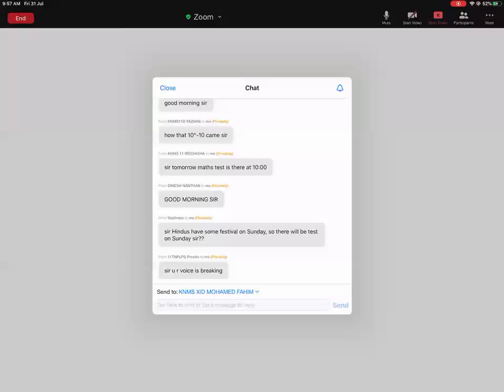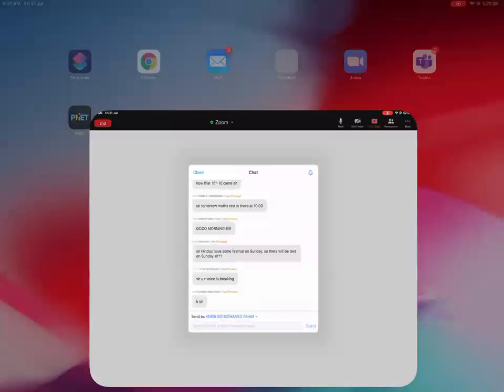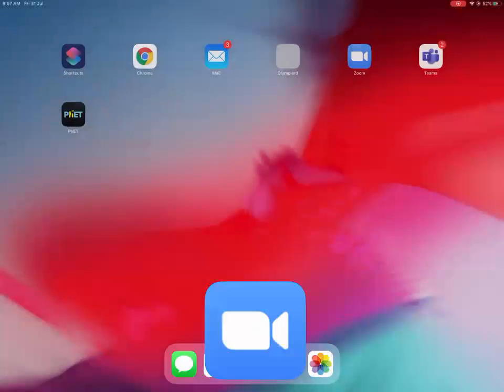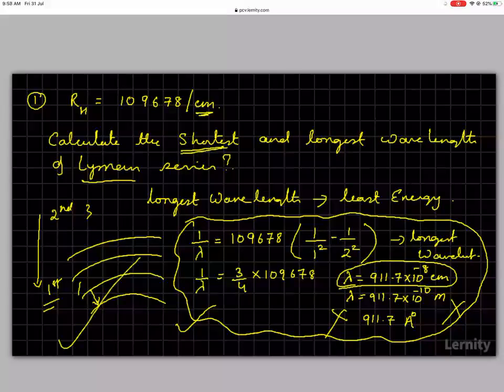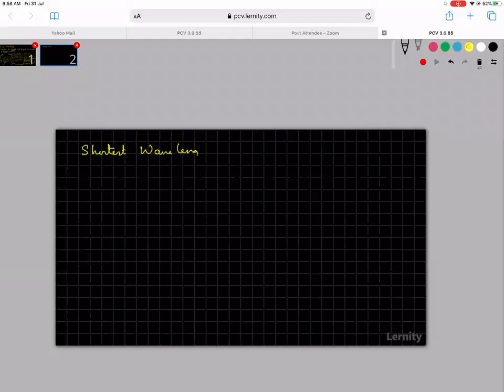Can you please work and find out the answer for this question? Can you find out what is the shortest wavelength? The shortest wavelength will have maximum energy.